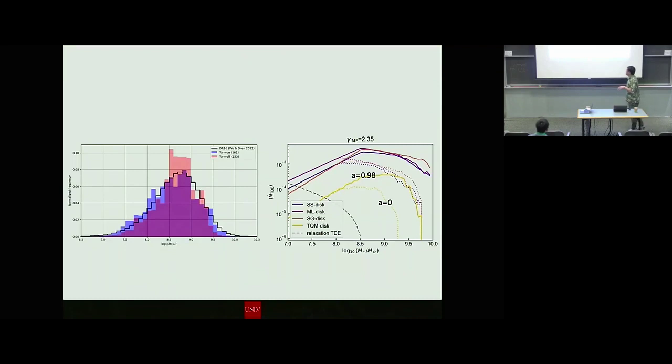And TD was very problematic to explain the changing-look AGN in the past, because we find a lot of changing-look AGN when the supermassive black hole is much larger than the truncation mass, and the TD rate is too low. However, if we introduce this AGN TD, I find that this can be well explained.